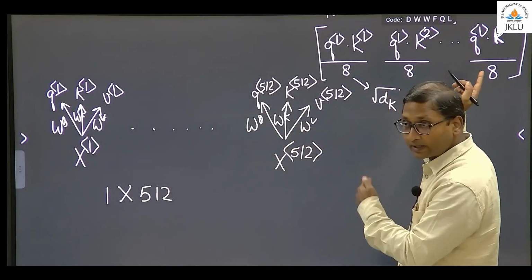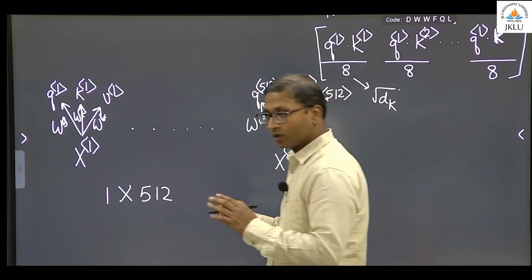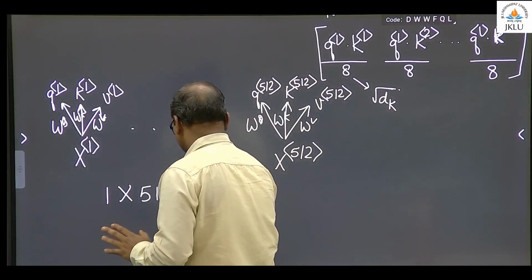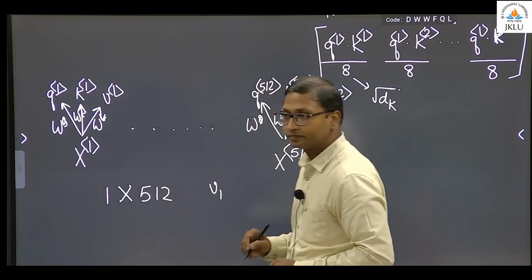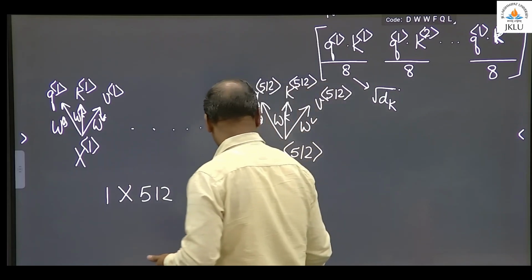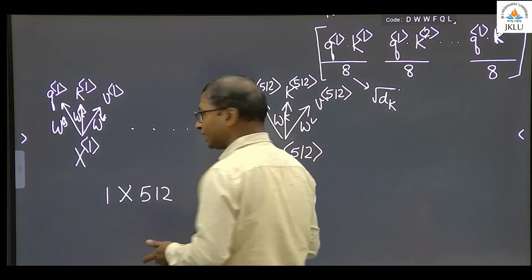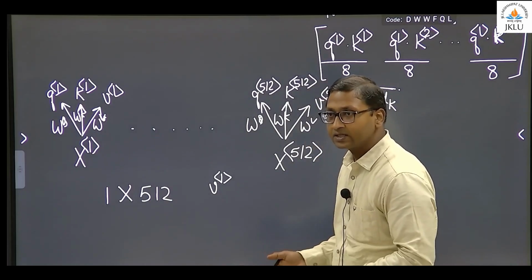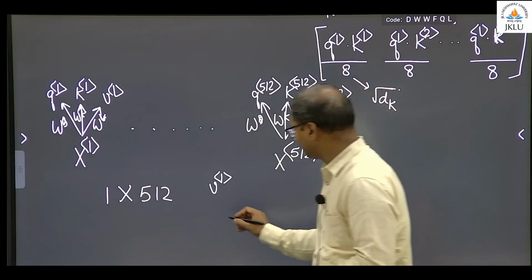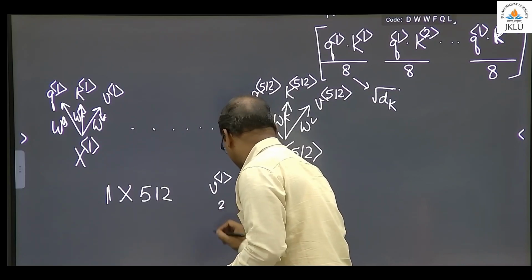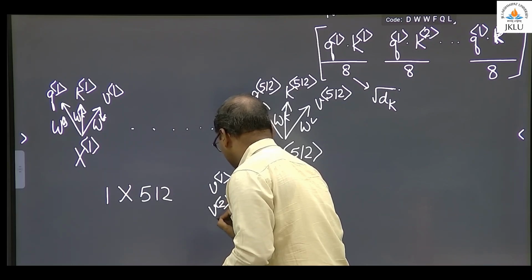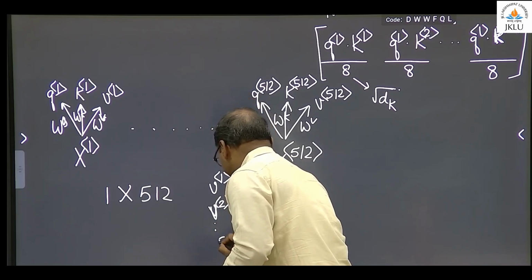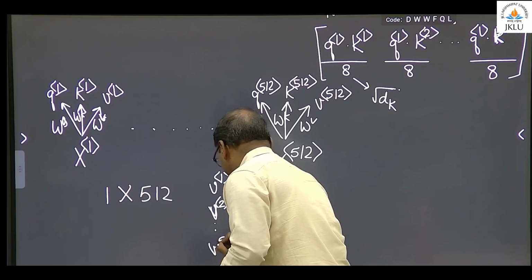And what will be that V matrix? I will have V1, V2, all the way until V512.